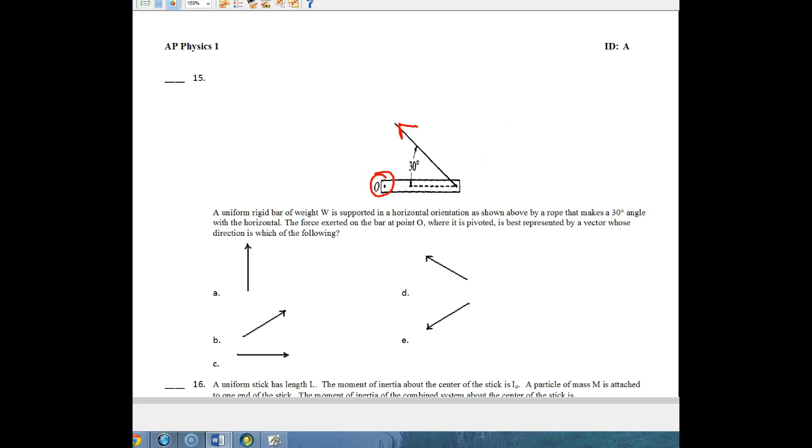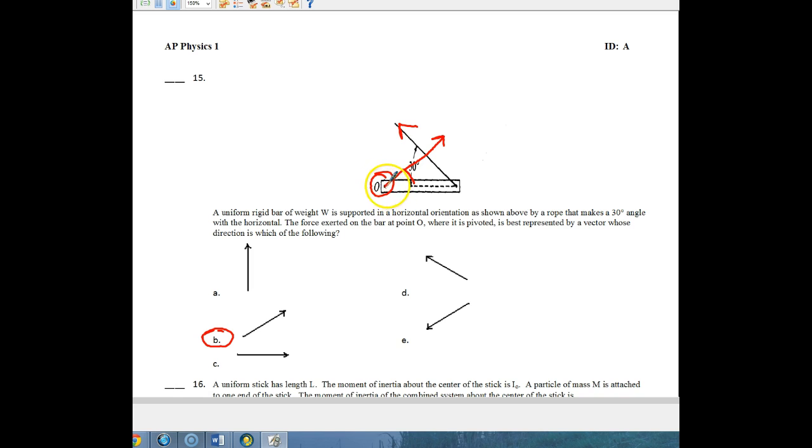So for this one, the easiest way to think about it is we know that we have a force going up and to the left on this bar, so we also need a force going up and to the right in the opposite direction at the same angle in order to hold that position steady. So the only answer that you can use here is letter B. Now there is more to this one, but I think the easiest way to look at it is just think about how would we hold it if we didn't have that little piece, because essentially all that piece allows is for it to pivot.